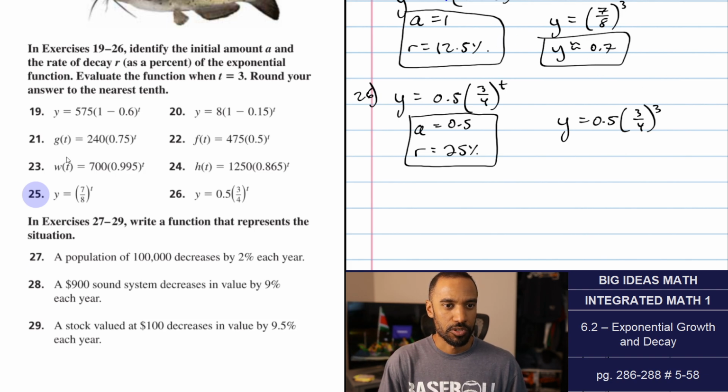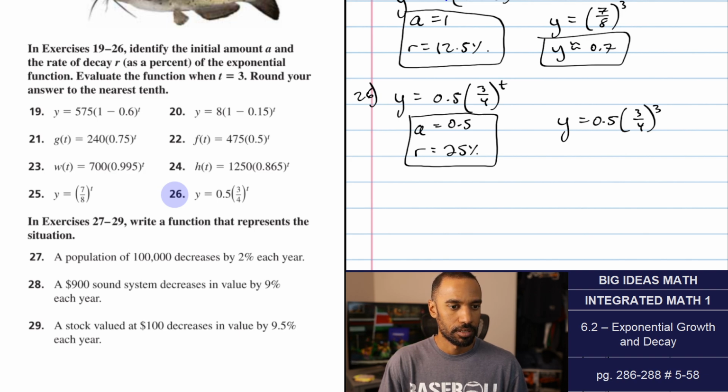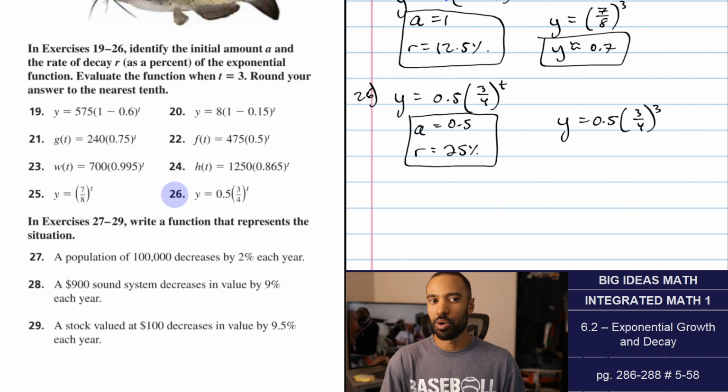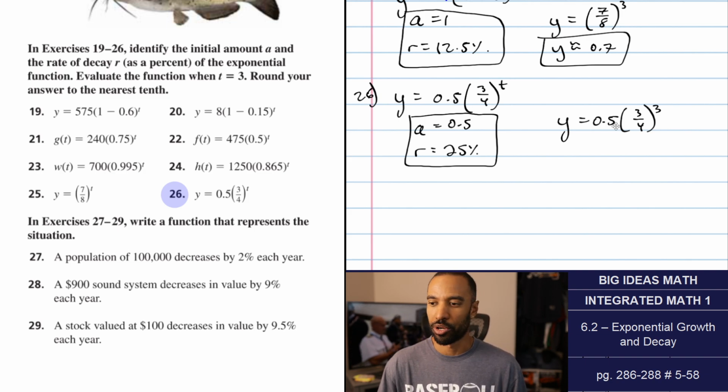Oh, I didn't move this over. Sorry. All right, 0.5 times 3/4 to the said power. 0.2109375. So 0.2.